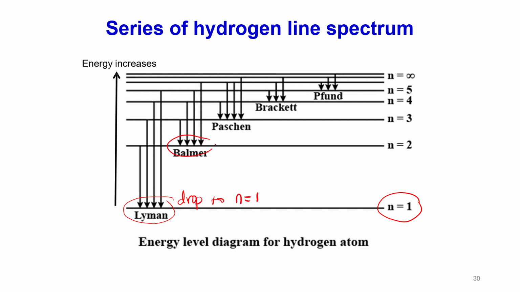When all the excited electrons drop to the second energy level, we say that it is in the Balmer series. Paschen is for n equals 3, Brackett series n equals 4, Pfund series n equals 5. So just remember where the electron drops.